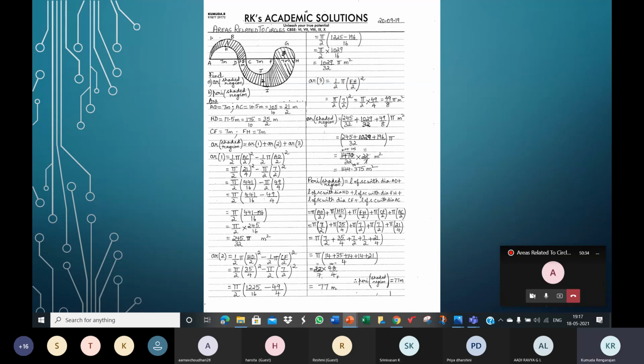Yes, Arnav, you found the perimeter of the semicircle separately and then you've added. Fine.